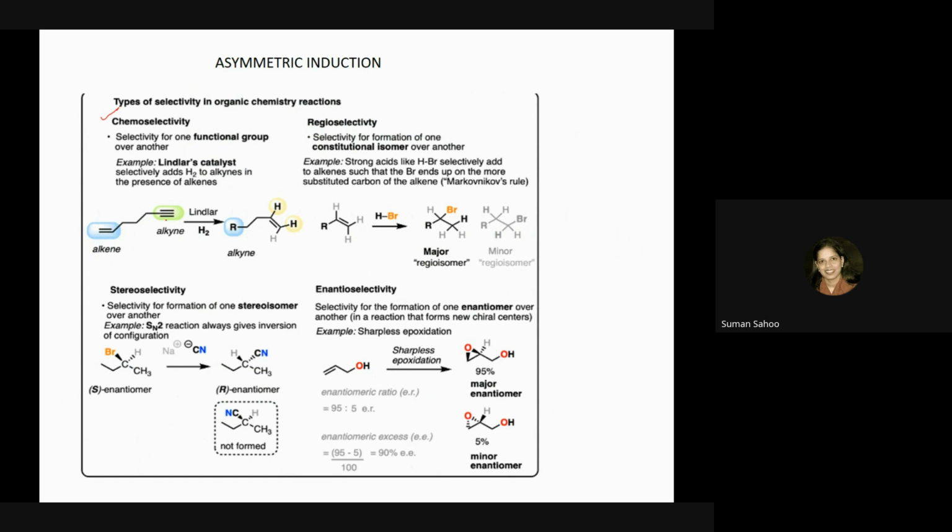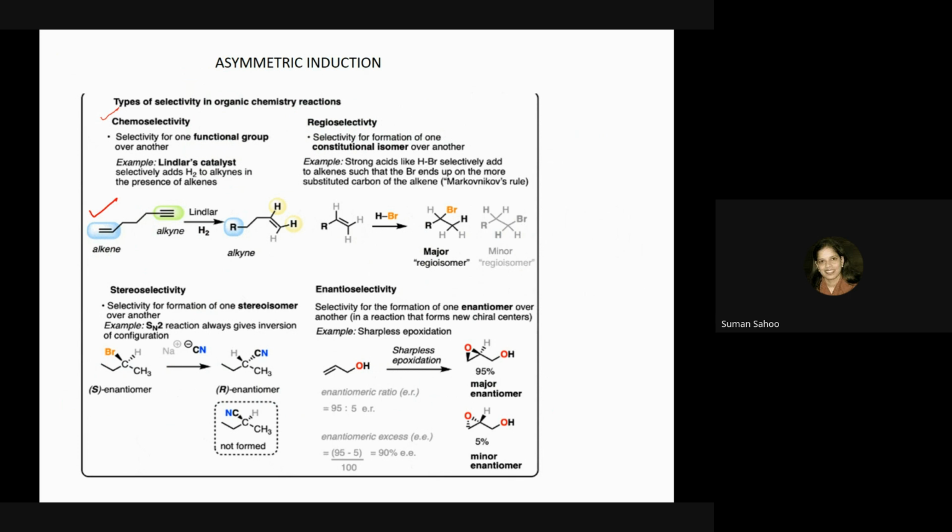Whenever you have 2 different types of functional groups, one functional group reacts faster, or selectively one functional group reacts. For example, whenever you use Lindlar catalyst, it primarily targets the alkene as compared to alkynes.